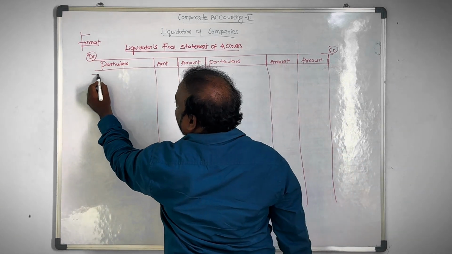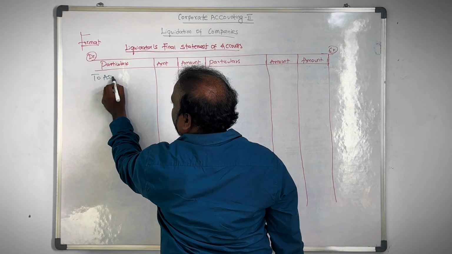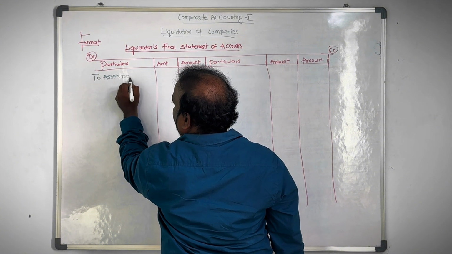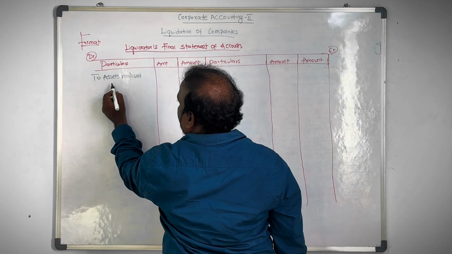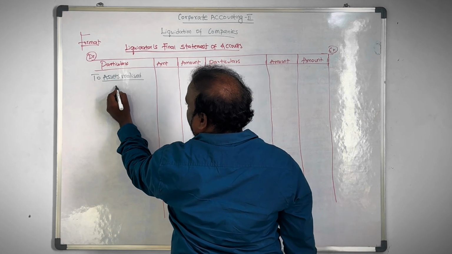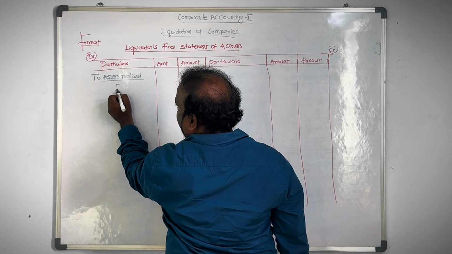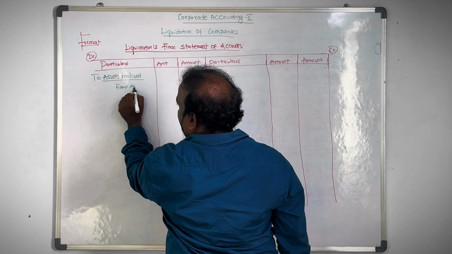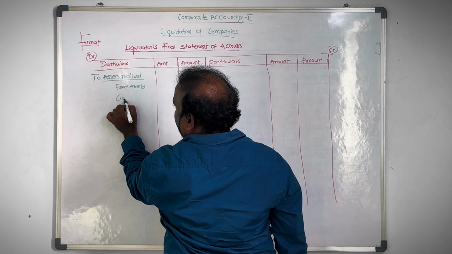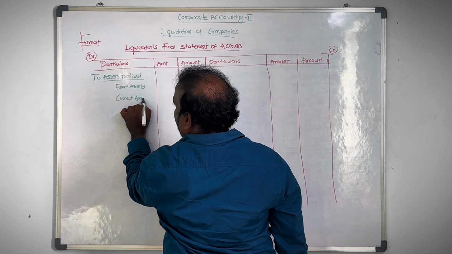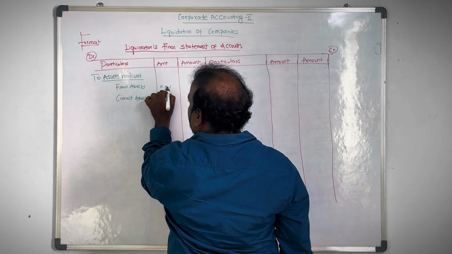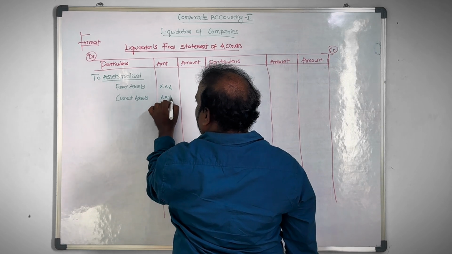First one, to assets realized. Name of the asset, like fixed assets and current assets. I am just writing the common name.